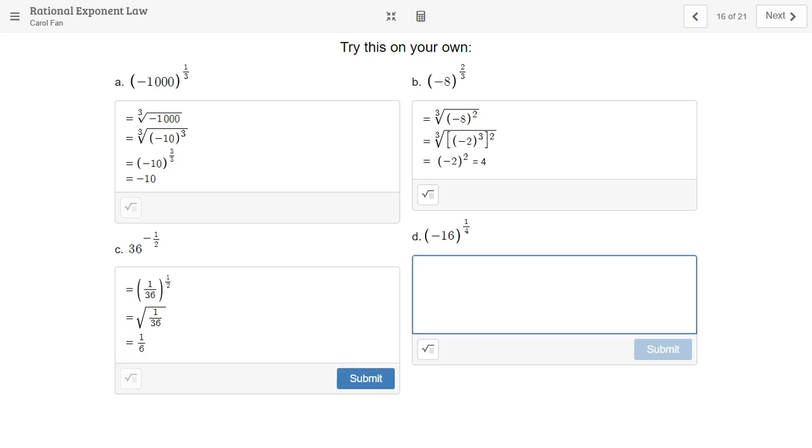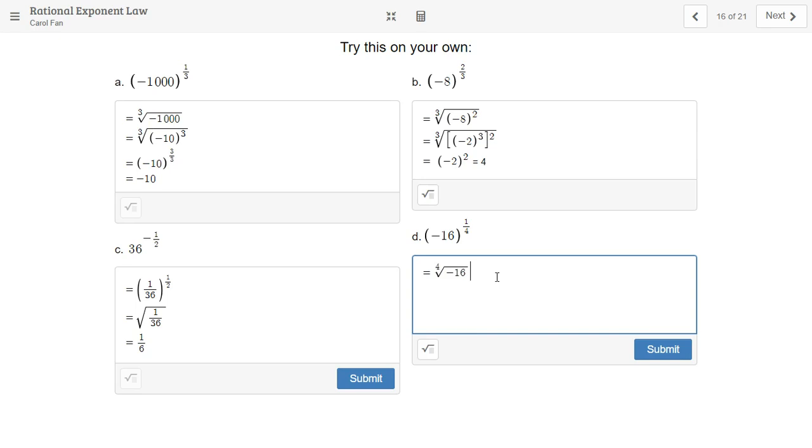Last but not least, D, negative 16 to the power of 1 quarter. So I have the fourth root of negative 16. But there's a bit of a problem. We have an even index and a negative radicand.